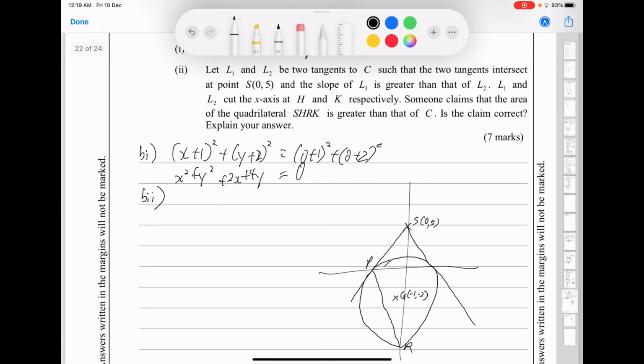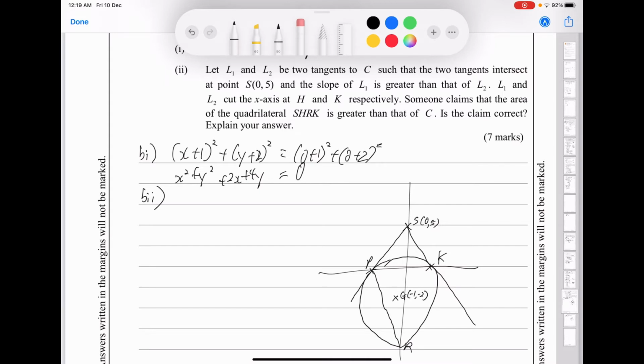So, where are points H and K? This is point H. This is point K, probably. And also, because my drawing is too ugly, it does not necessarily cut through the circle. So points H and K are not in the circle.